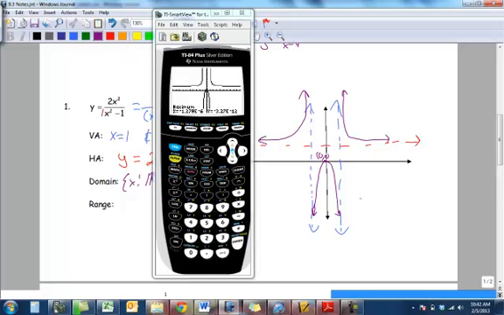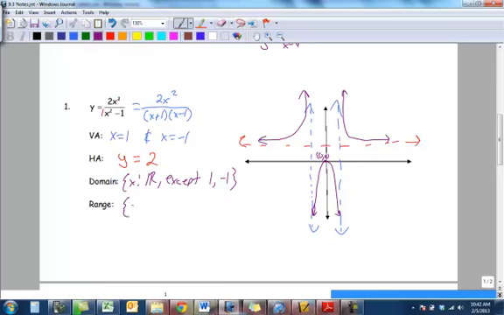But look at this. There's a dead space between 0 and 2. There's this dead space where no y value has got a point on the graph. So that means that for our range, we have to say that somehow it's this area and it's this area. Well, let's talk about the bottom part. That means that y is less than or equal to 0, because it does include 0.